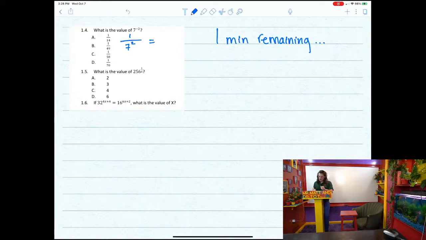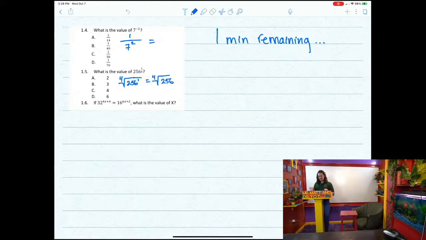5, what's the value of 256 to the 1/4 power? So notice that's the same thing as the 4th root of 256 to the 1st power. Anything to the 1st power is that same something, so that's really just asking what is the 4th root of 256.